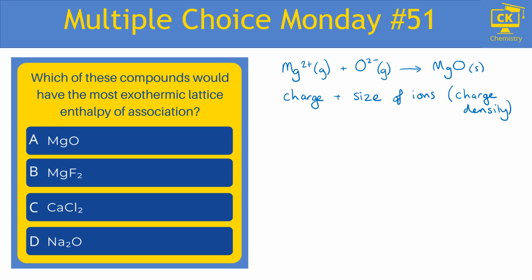So which period it's in, how many shells of electrons we've got, and therefore the size of the ion, how much that charge is spread out. Because the closer the ions can get together, the stronger the attraction, and the higher the charge, the stronger the attraction as well. And so in fact, our answer was MgO.